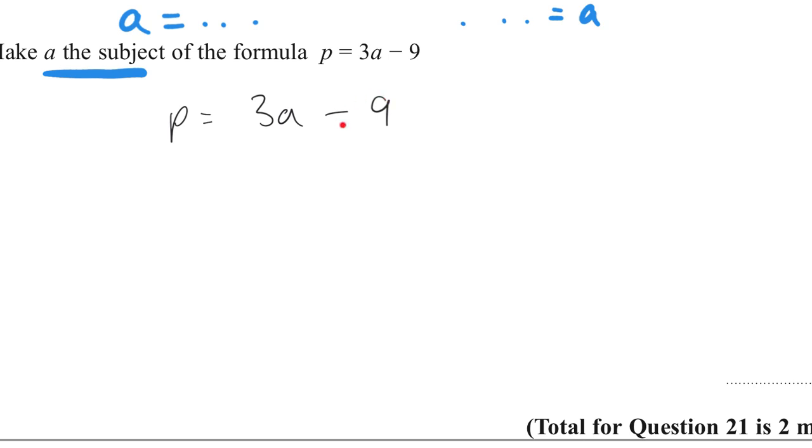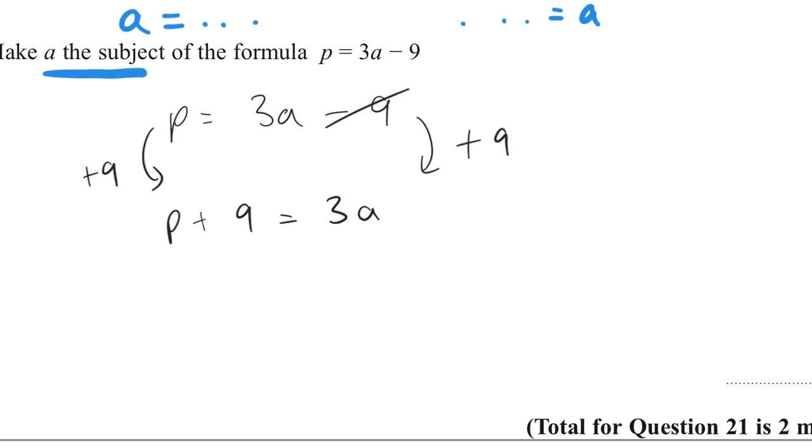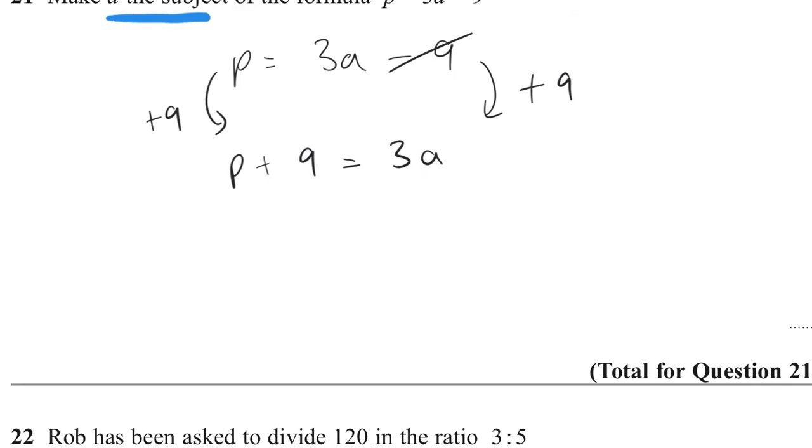So we're going to move this minus 9 first. And to move a minus, we do the opposite, which is plus. So we're going to add 9 on. Okay, so it disappears from here, and we're left with P plus 9 is equal to 3A. Then we're nearly there. We need to get rid of this 3, which is currently being multiplied by the A. To get rid of the times, we do the opposite, so we're going to divide by 3.